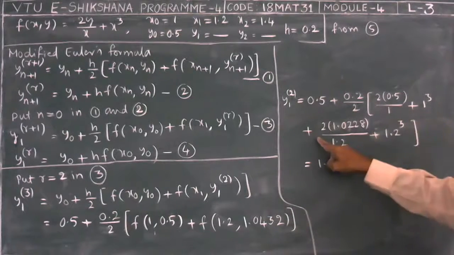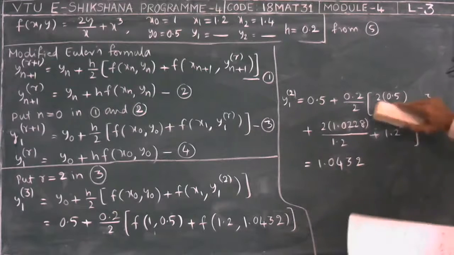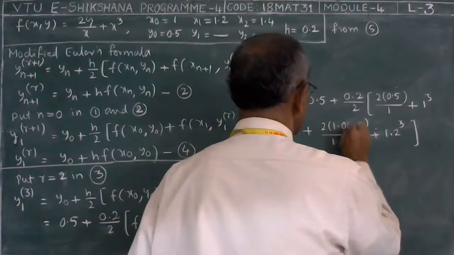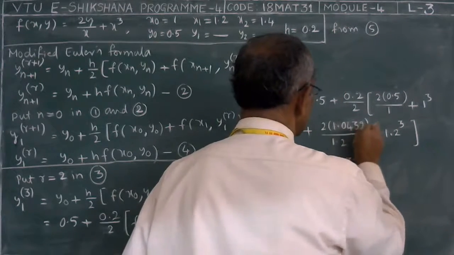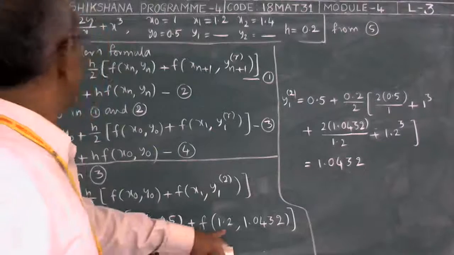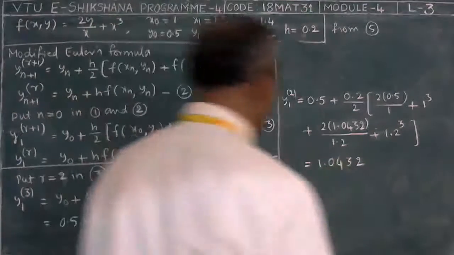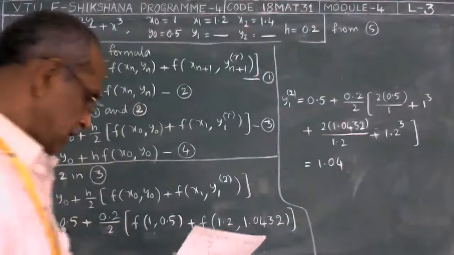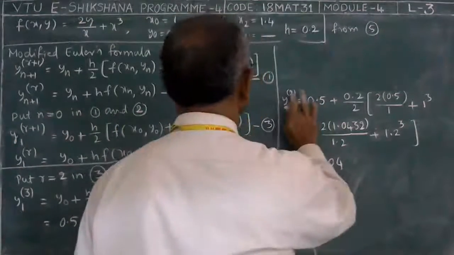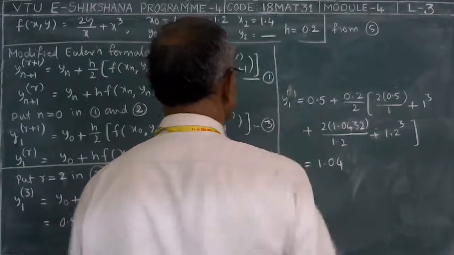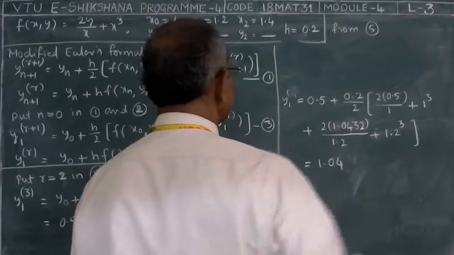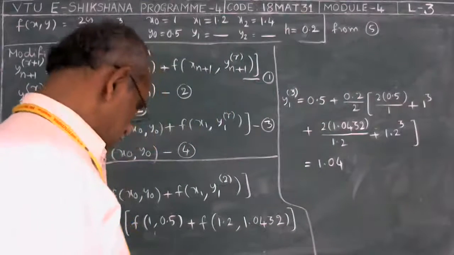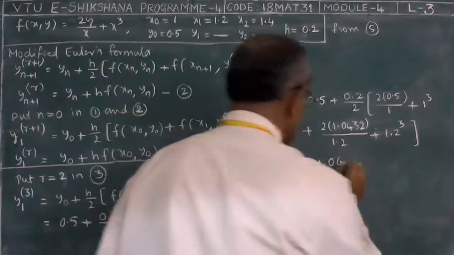Till here same, 2 into 1.0432 divided by 1.2 plus 1.2 whole cube. If you carefully calculate, y13, this is 3 now, will be 1.0466.